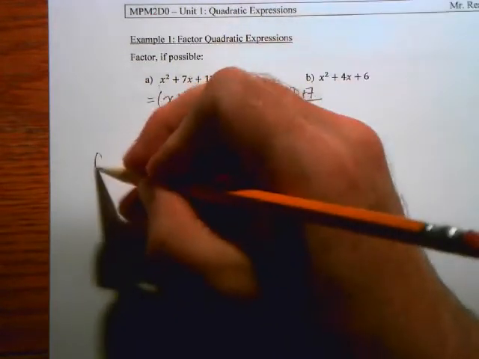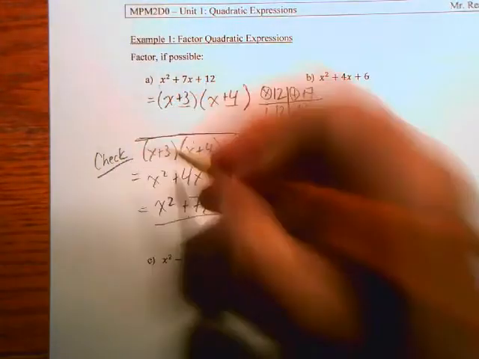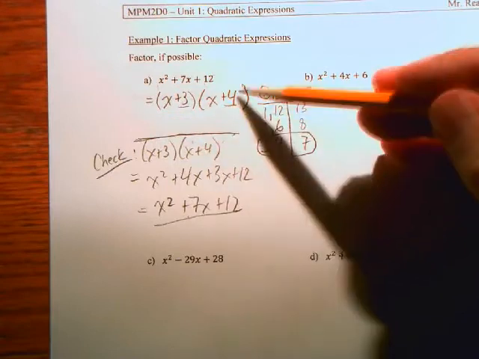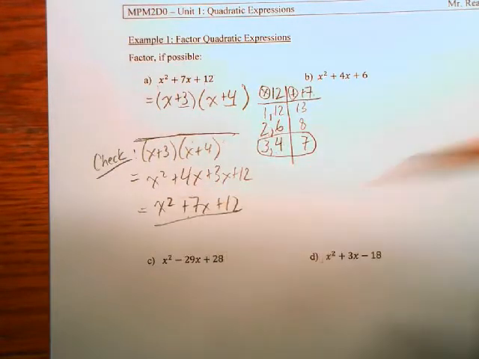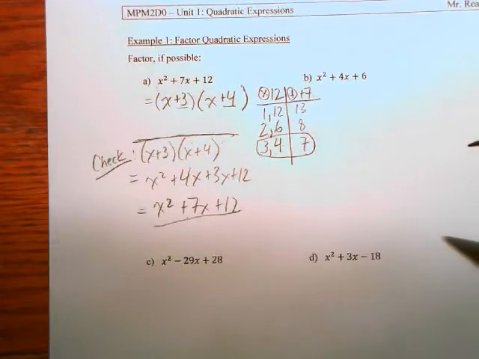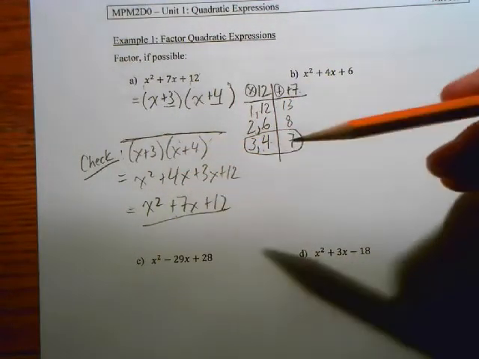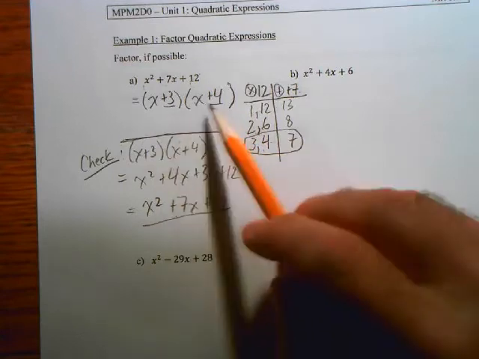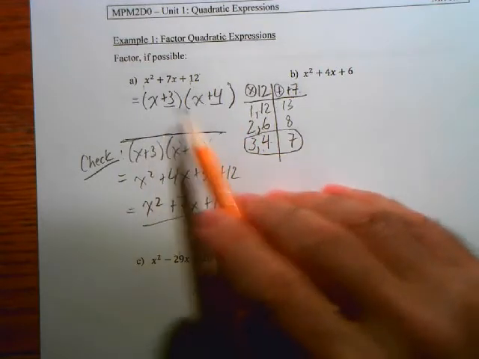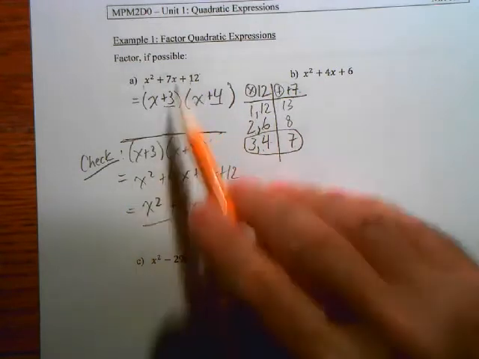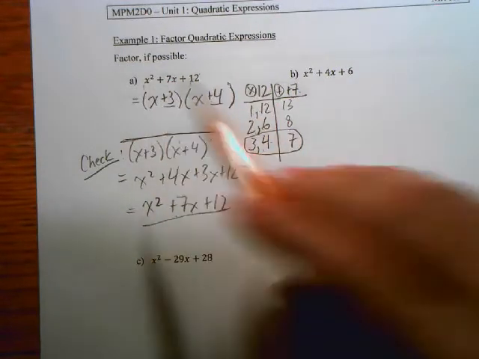Even better, you might put the word check beside this part, because now you're showing me, okay, here's my answer and here's the check of my answer. Okay, so you only need to do this on paper if I ask you, but again, it's highly recommended that you do it mentally in your head. Just check that these factors create that expanded trinomial.